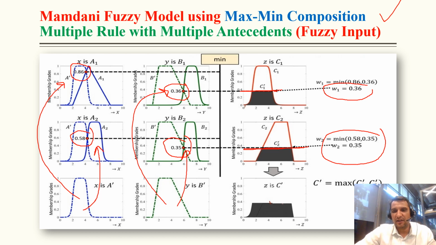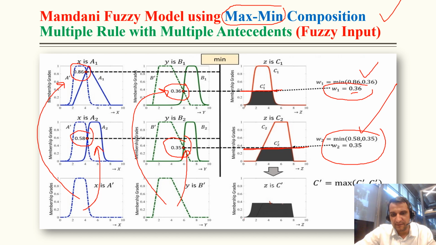So now we want to calculate the maximum. Because this is the composition of max min, min is already executed at this particular point. Now we want to execute with the max. So for the maximum we have to identify the range from 0 to 6. Value will be equal to 0.36.